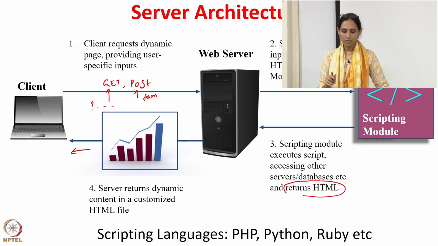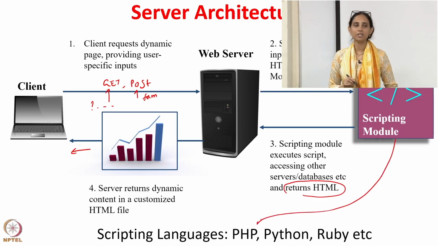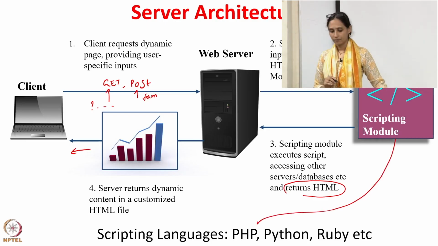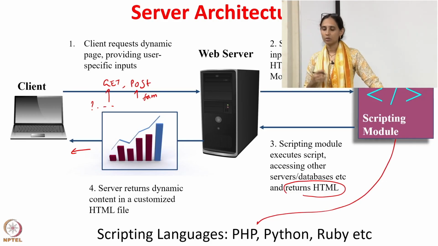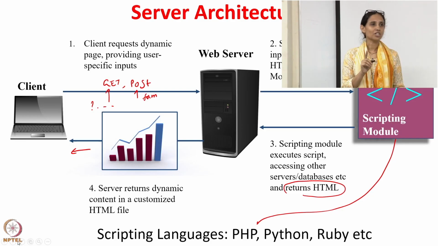So this is typically how the server architecture is. For the scripting module, you must have heard these names: PHP, Python, so Django is part of Python, Ruby. All these are scripting modules. You can write the scripts based on that. JavaScript, people often get confused between JavaScript, PHP or Python. JavaScript is predominantly a client side thing.